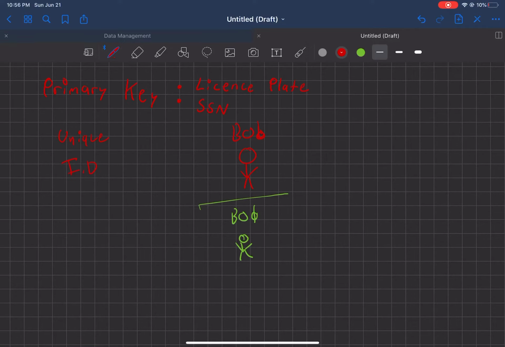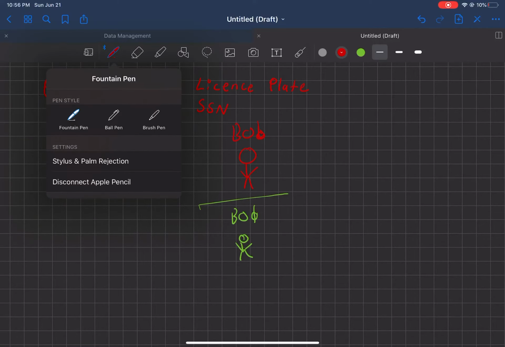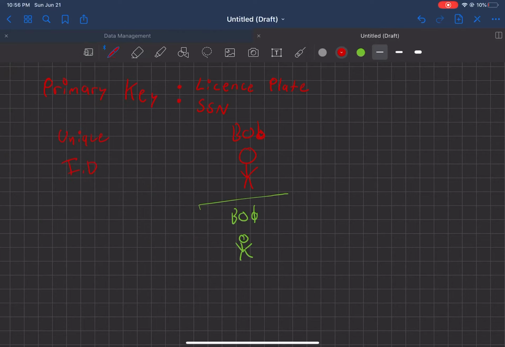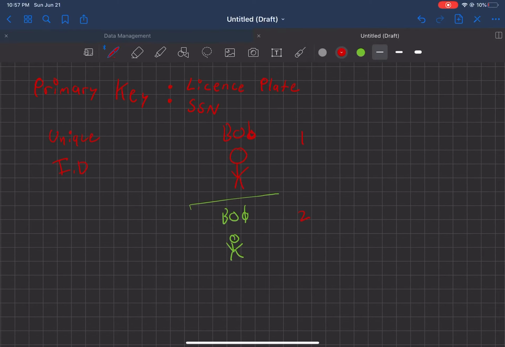So I'm not going to go with the SSN because generally on a table, the ID is auto created by the database. So it's probably just going to be like 1 and 2 over here. So let's roll with that. However, so on the users table, it's going to look like this. Name over here, ID over here, okay? So this is the users table, right?